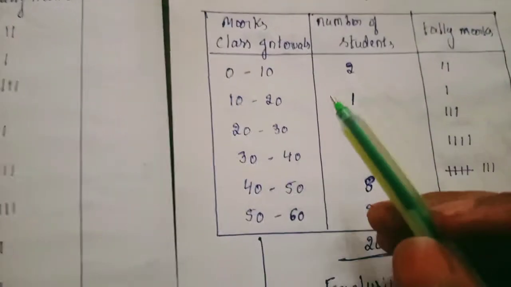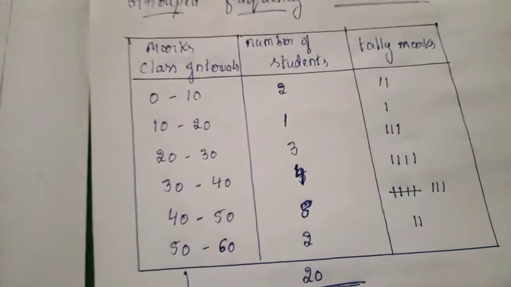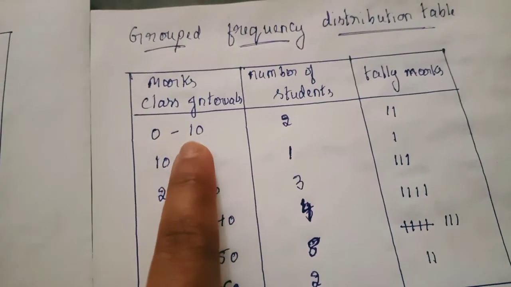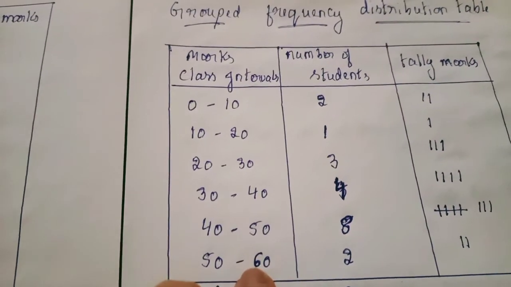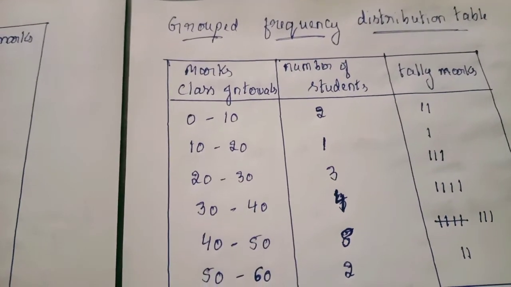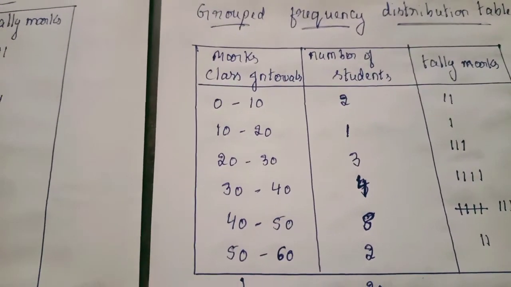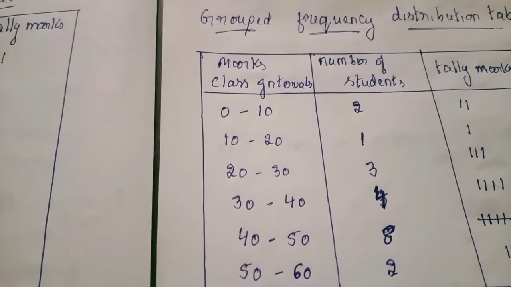Here I have taken 10 as the number of observations in each group, that is, the number of marks in each group is 10. Here I am taking 10 as the class size and I am converting the ungrouped frequency distribution table to grouped. I already told you the minimum marks is 5 and the maximum is 50.